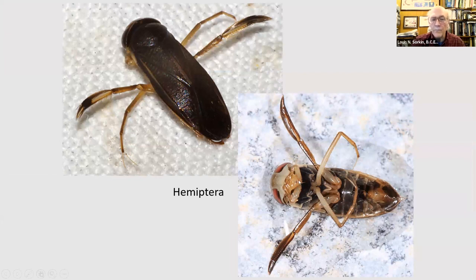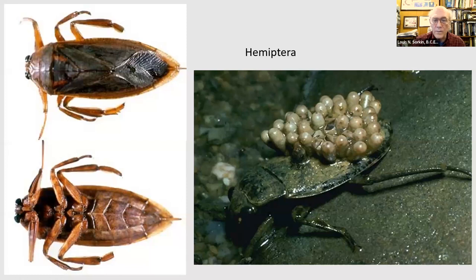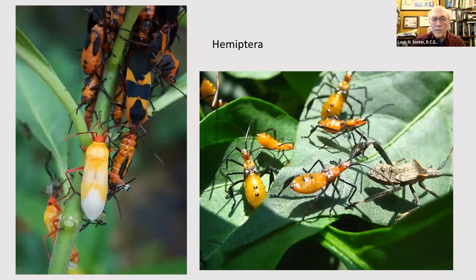Or these are the belostomatids, where certain species, the female lays eggs on the back of the male. And these will hurt if they do bite you. Some are called electric light insects. They're attracted to light. You might find them in a pool sometimes too.